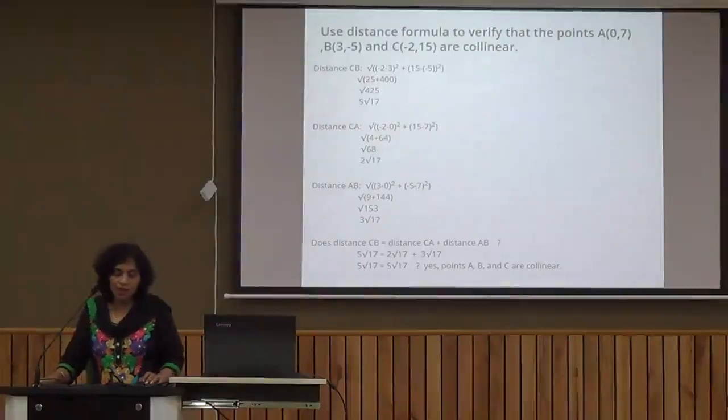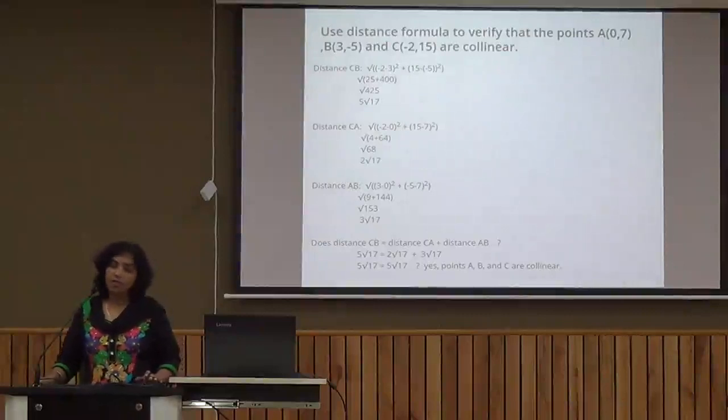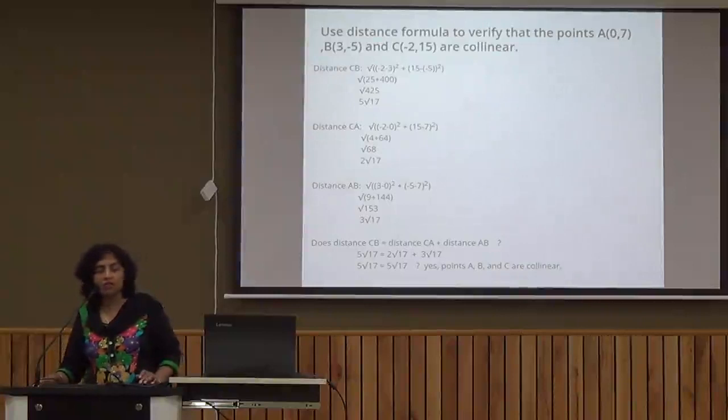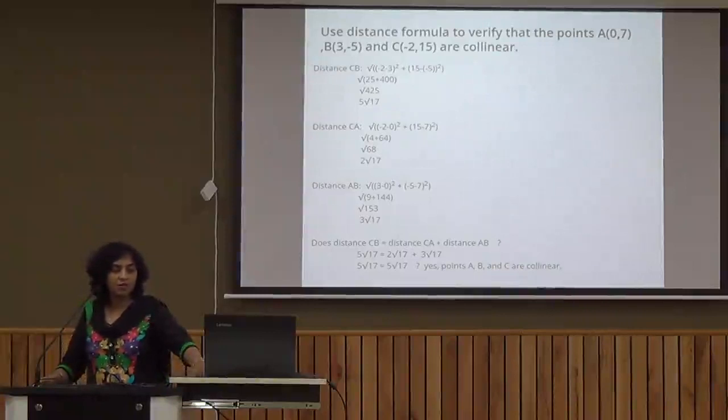So we see that when we add CA and AB, it comes out to be 2 root 17 plus 3 root 17, which is equal to 5 root 17, which is equal to CB. Hence the points A, B and C are collinear.